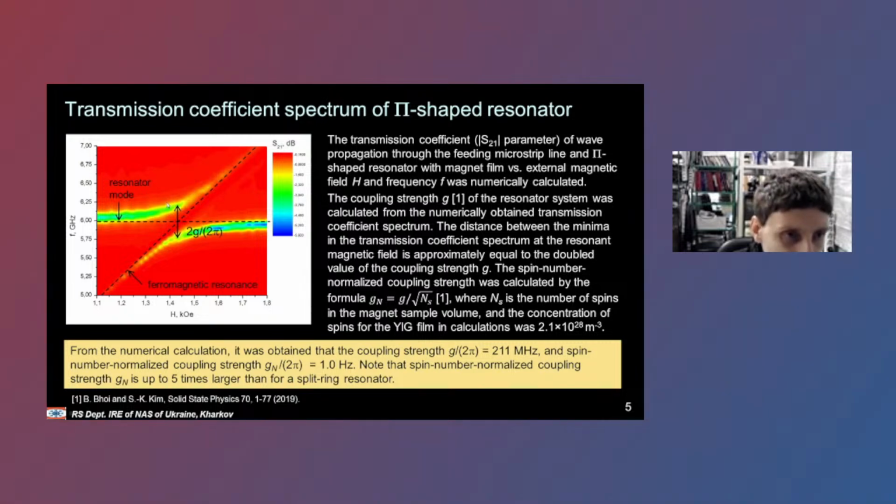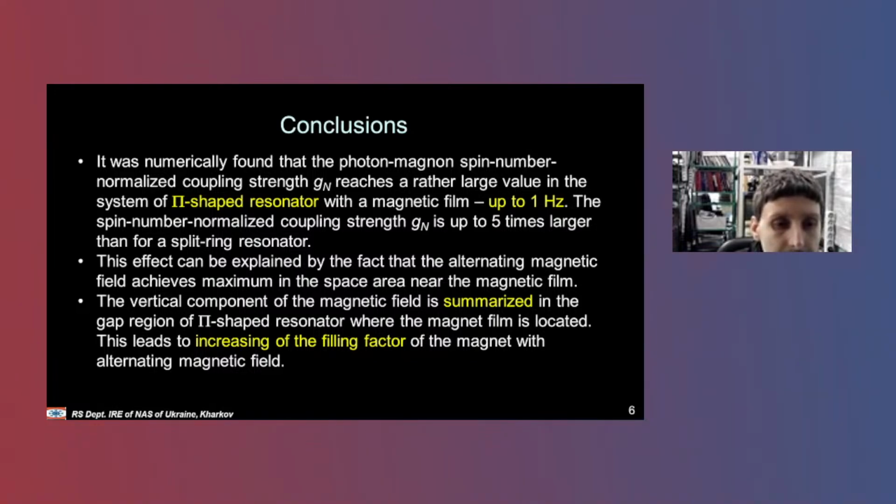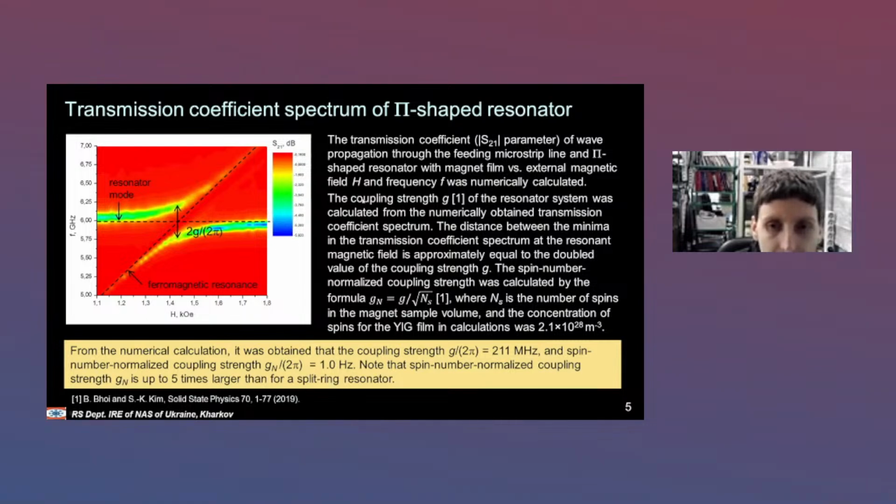which we found from these results can be obtained if we know some parameters of the system. For example, filling factor, it's directly proportional to the coupling strength. Also, frequency of resonator, number of spins, and concentration of spins.